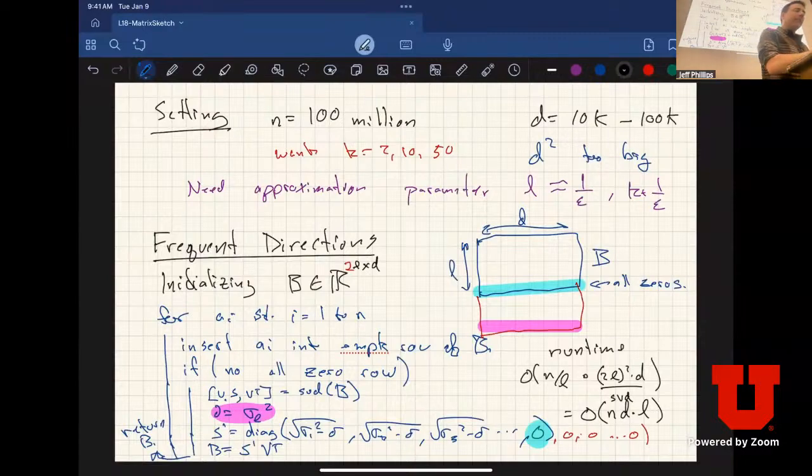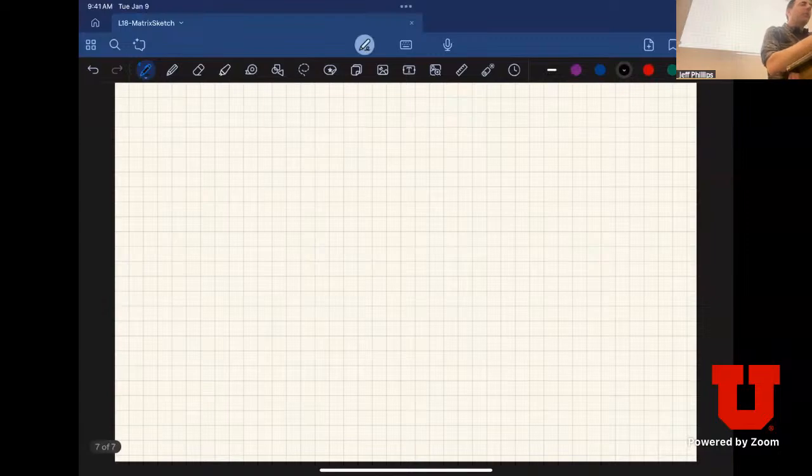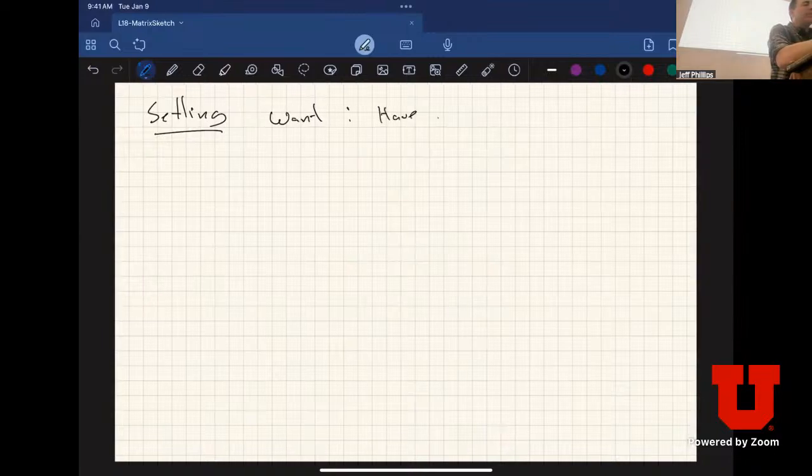Okay. The next algorithm will be the setting when I want 2 things. Okay, so I have sparsity, and I want to maintain it.